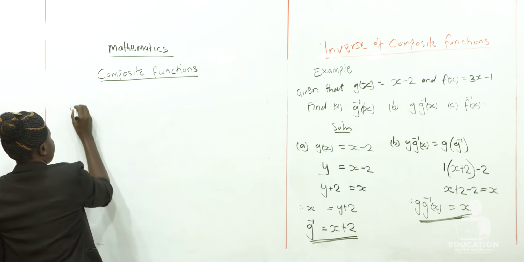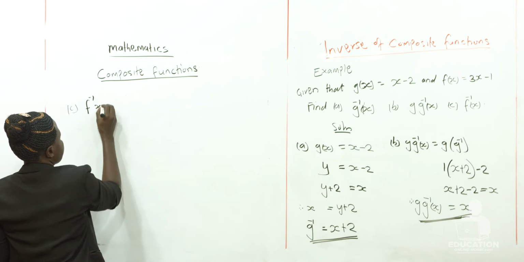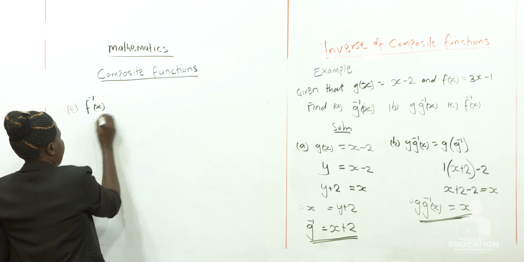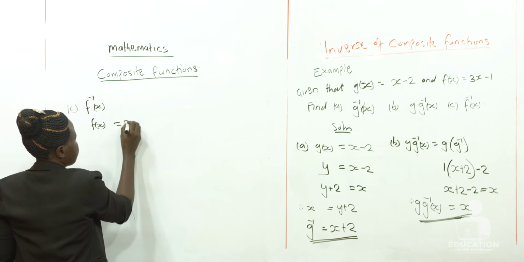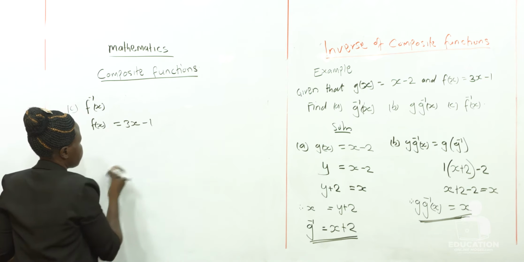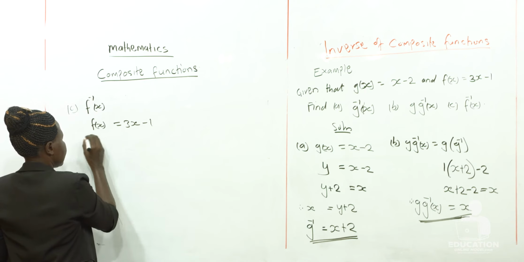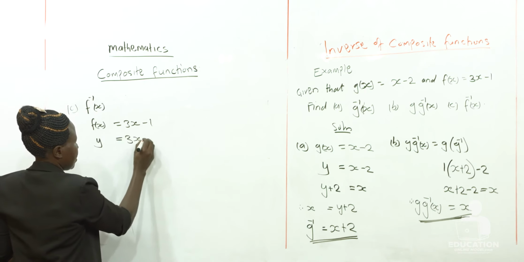So part C, you say we have f inverse of x. So this one is the same as f of x is given as 3x minus 1. And therefore we said for us to get the expression, we change the function into y, which will give us 3x minus 1.